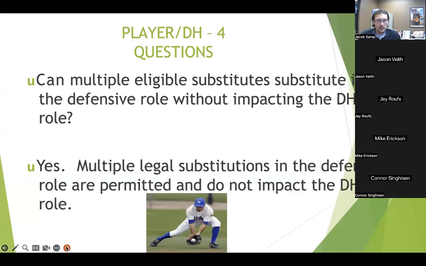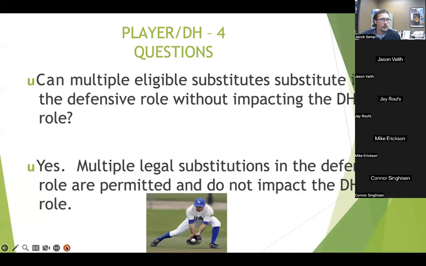This is pretty straightforward as well. Smith is the player DH, and he is playing pitcher. I feel like pitcher's kind of where you're going to run into this situation the most. And it's just like the traditional designated hitter, because it's the defensive substitution, which is legal.